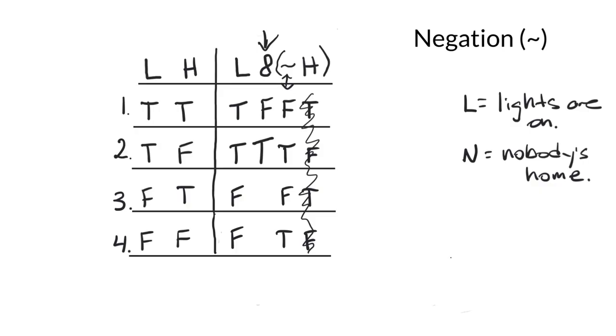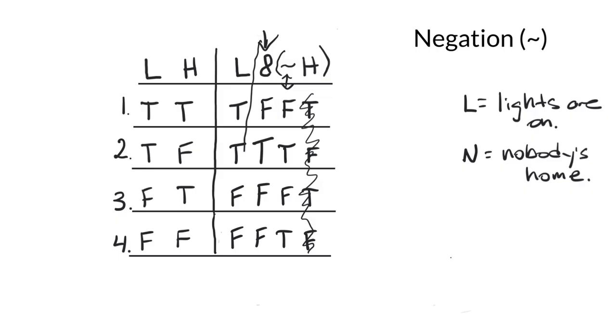So row 2, that whole conjunction is true. We can see that row 3 is not going to be true. It's going to be false because both are false. And row 4 is going to be false because both conjuncts need to be true for it to be true. So row 3, the conjunction is false. And row 4, the conjunction is false.